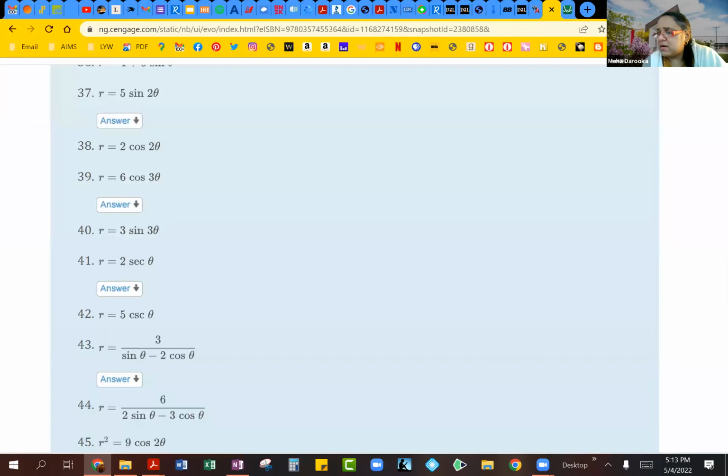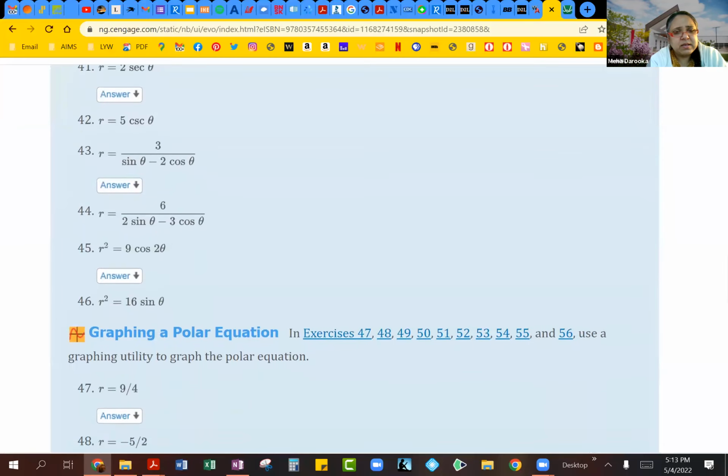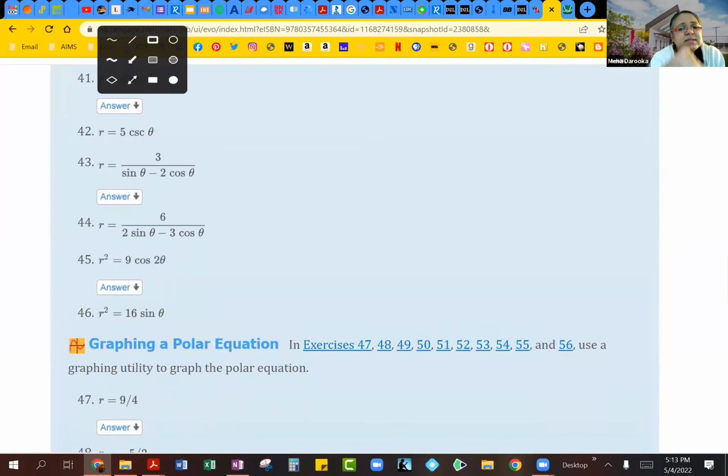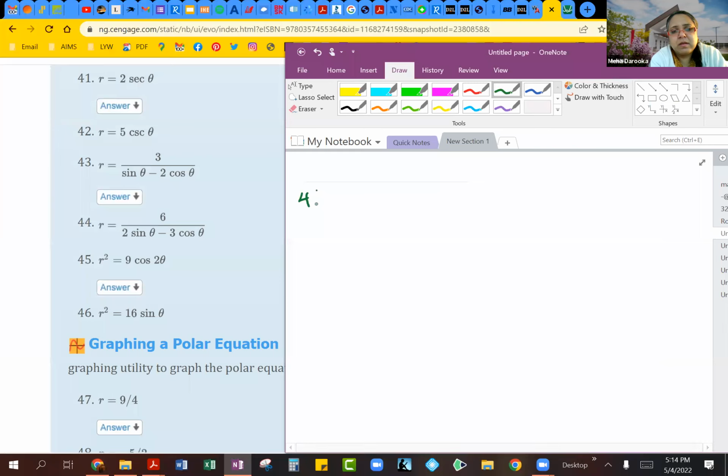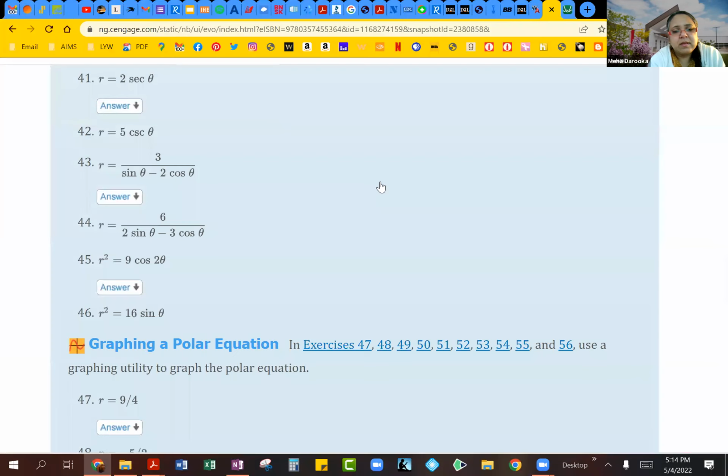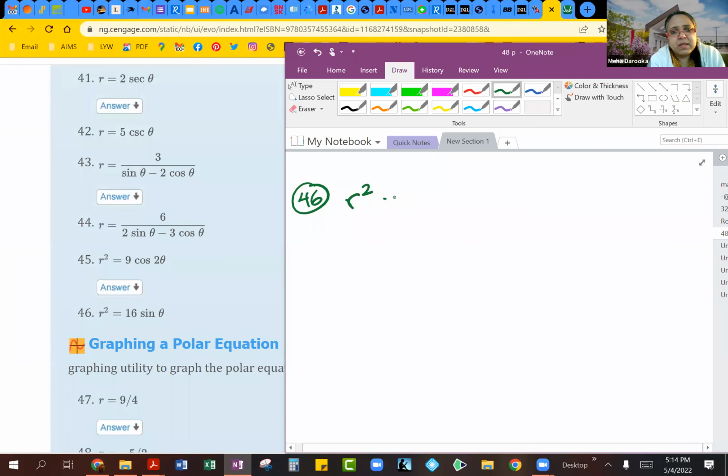Let's get into our textbook, and I guess we'll do number 46. So r square equals 16 sine theta. Now you will notice in number 46, your theta does not have a 2 in front of it.